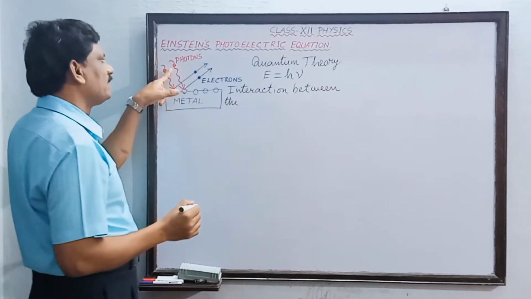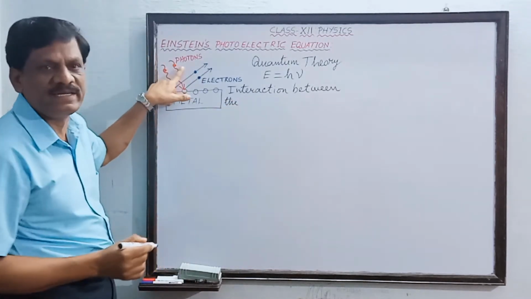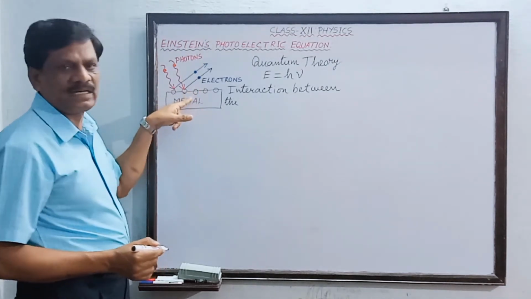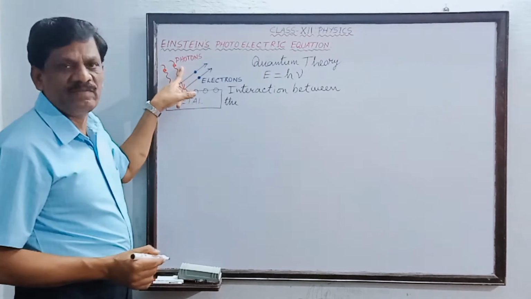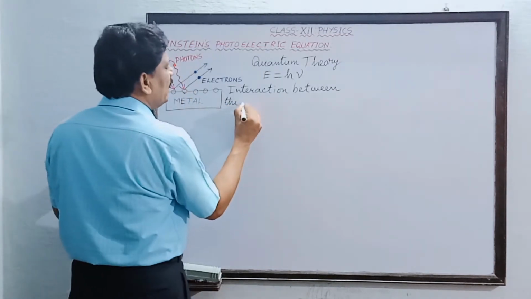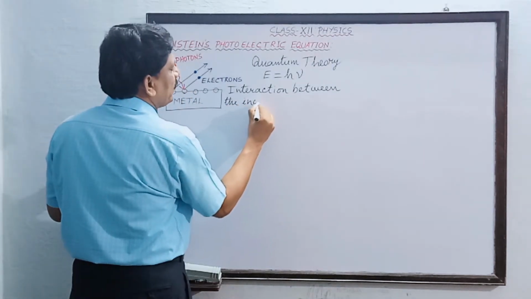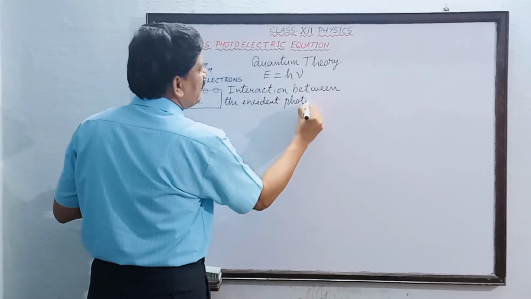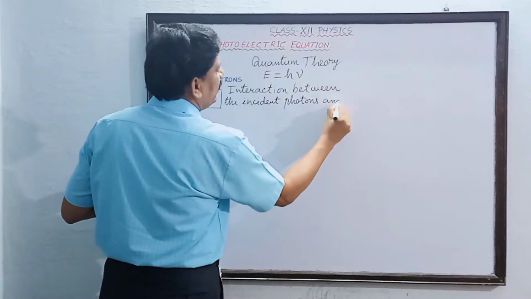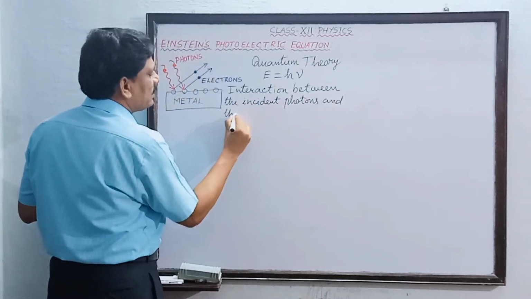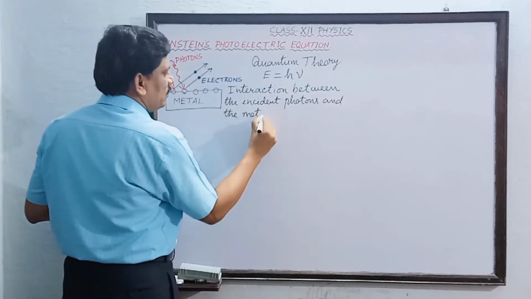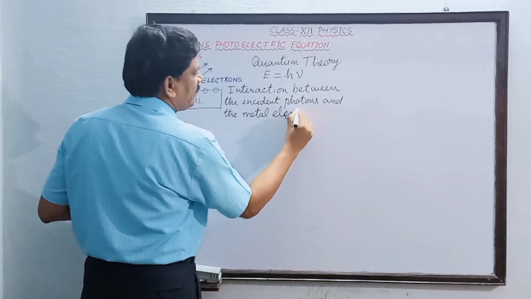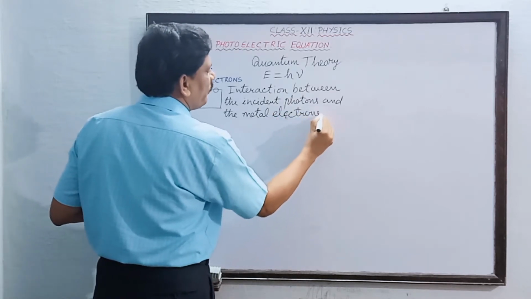You can see here, the red dots are the incident photons. When they fall on the metal, the outermost electrons mainly will be interacting with the photons. So this interaction takes place between the incident photons and the metal electrons.